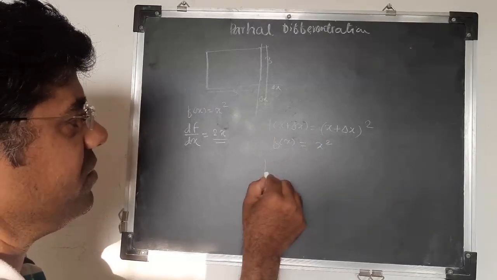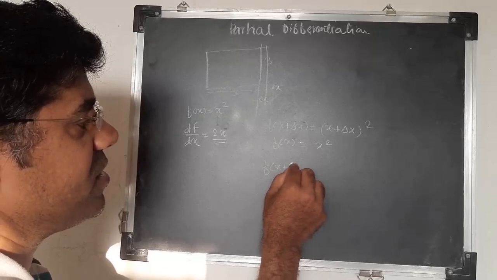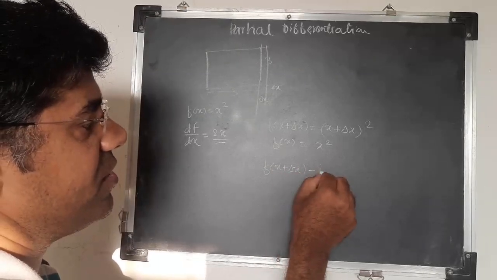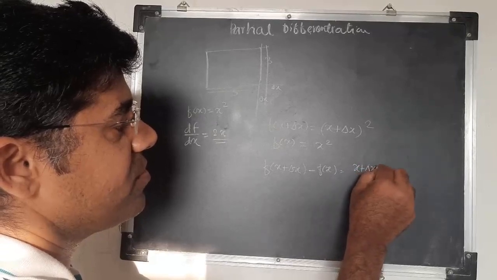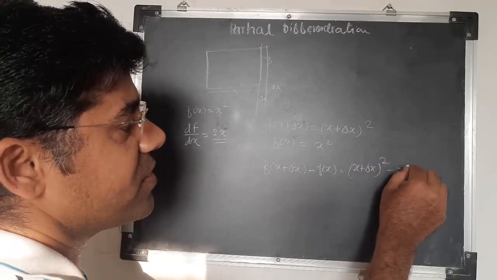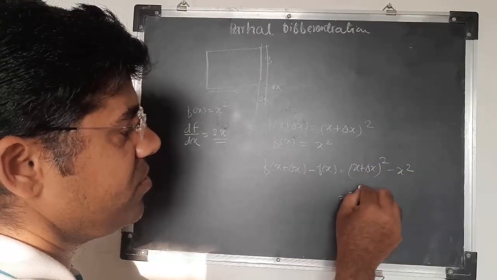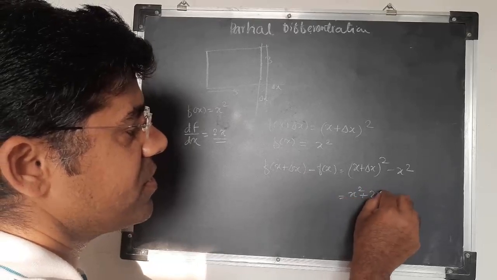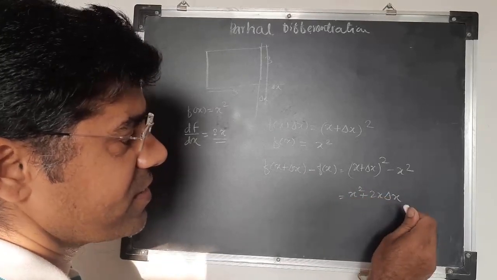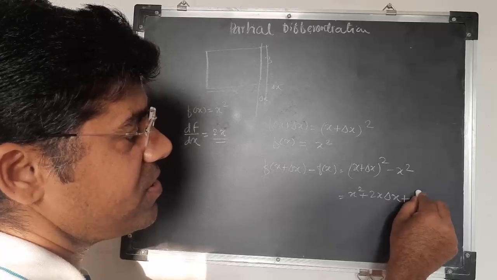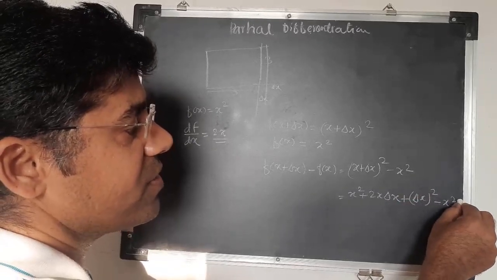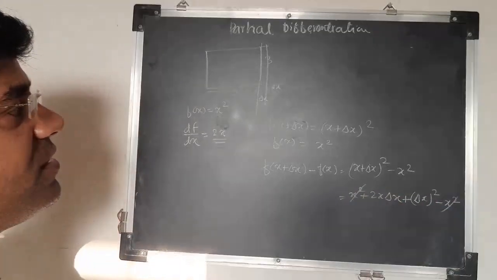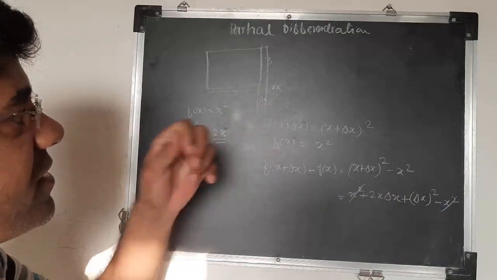When you find f of x plus delta x minus f of x, which is nothing but x plus delta x bracket square minus x square, this is nothing but x square plus twice x into delta x plus delta x square minus x square. x square gets cancelled.